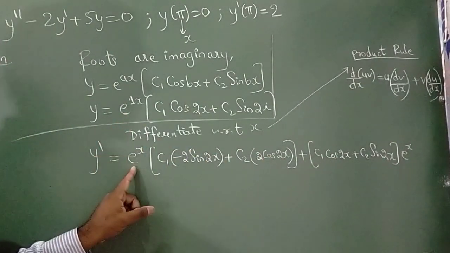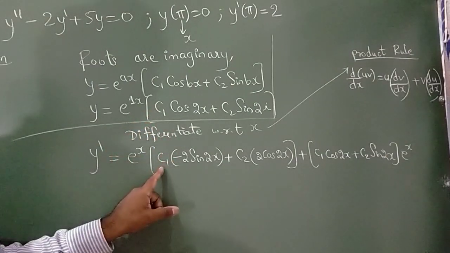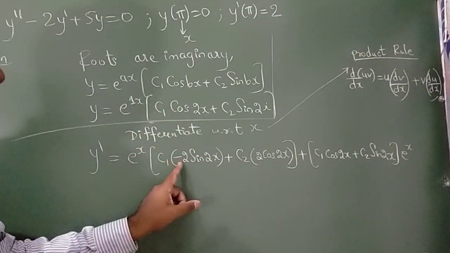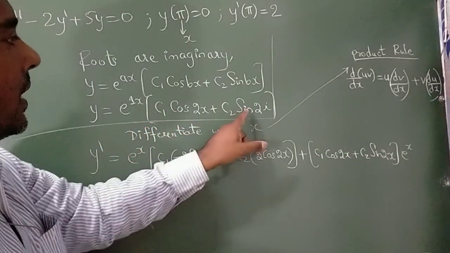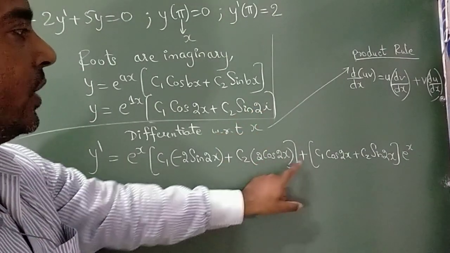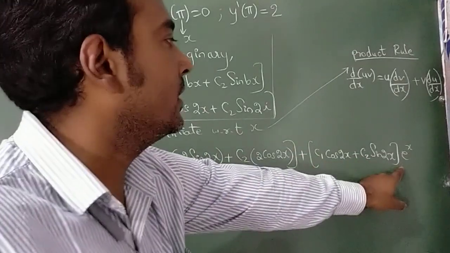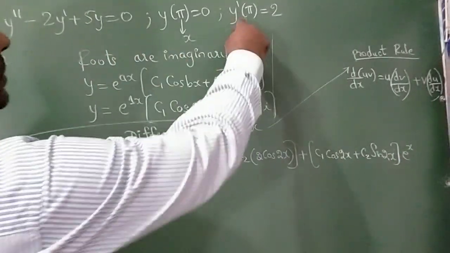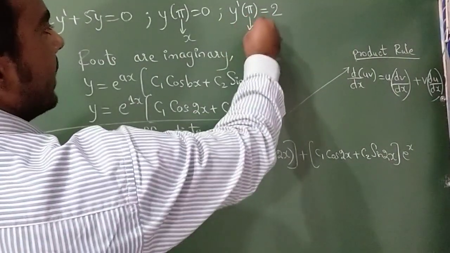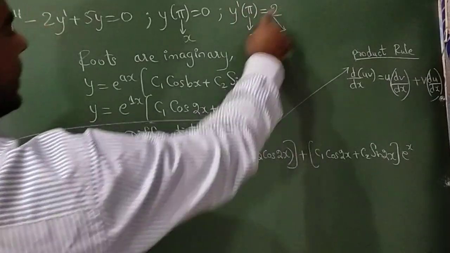So e raised to x I have written as it is. If I differentiate, cos 2x will become minus 2 sin 2x, plus sin 2x will become 2 cos 2x, plus keep this v as it is, and if you differentiate e raised to x you will get e raised to x.